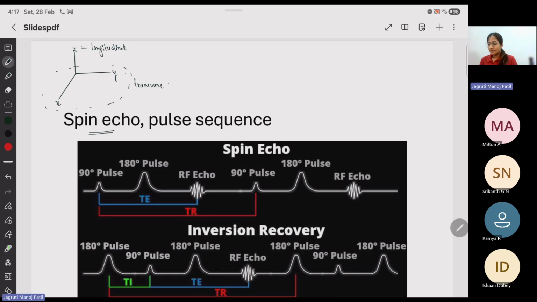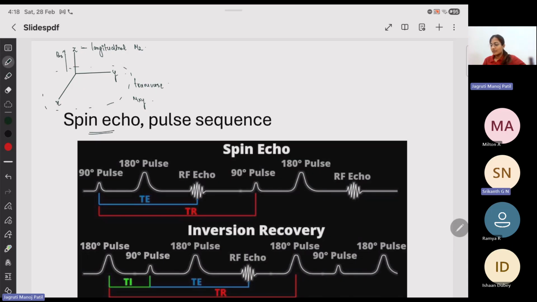In MRI, whenever we apply a magnetic field, it's always in the Z direction. So my magnetic field is initially aligned towards the z-axis, represented as Mz, which is my longitudinal magnetization. When it is done, we'll be looking at this xy domain, which is your transverse magnetization, Mxy.